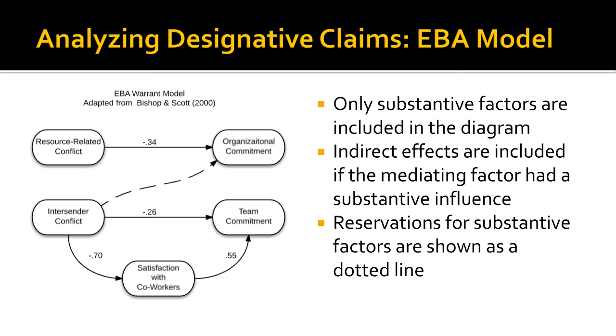Mediating factors are only shown if they had a substantive total effect by themselves. The result of this analysis is provided in the diagram on the left. This diagram makes it clear that resource-related conflict is important for influencing organizational commitment, while inter-sender conflict is important for influencing team commitment. Both of these effects are negative, which means that to improve either type of commitment, we need to reduce conflict.